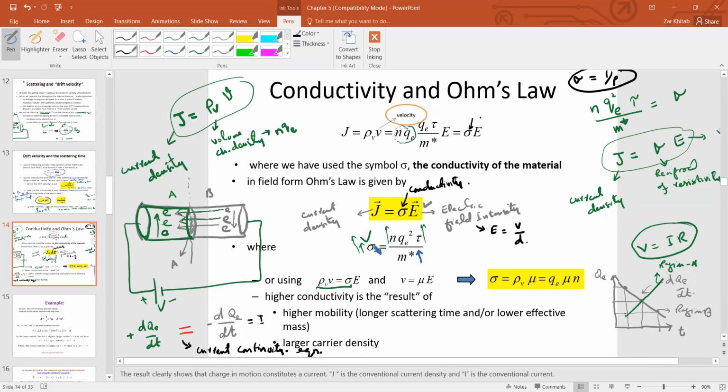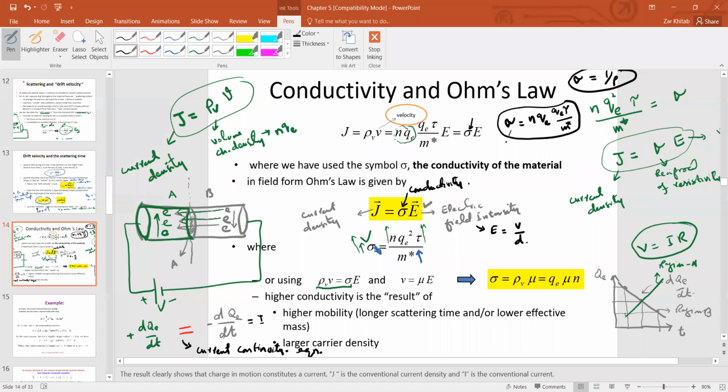The conductivity sigma is the number of electrons which are moving from left to right, the charge on one electron, the charge on one electron again, facing some tau, the scattering time, moving with some mass. The mass is m star, a little bit higher than the actual mass.